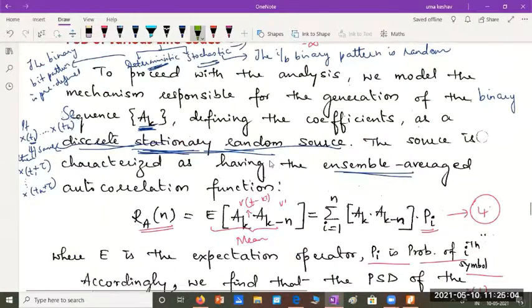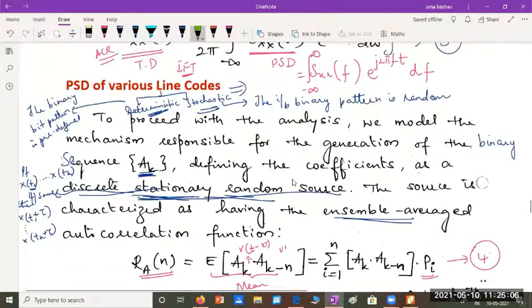And with that, we started off with the starting procedures which are common to finding the power spectral density of all the line codes. So whenever I consider a line code, if I have to analyze it, we will model the mechanism which is needed to generate the binary sequence.